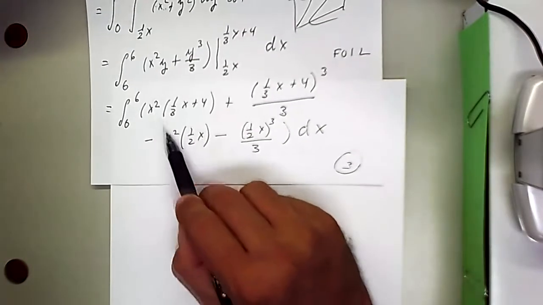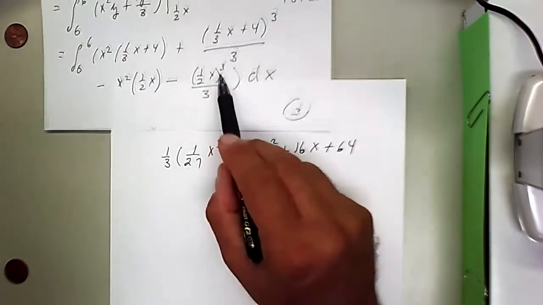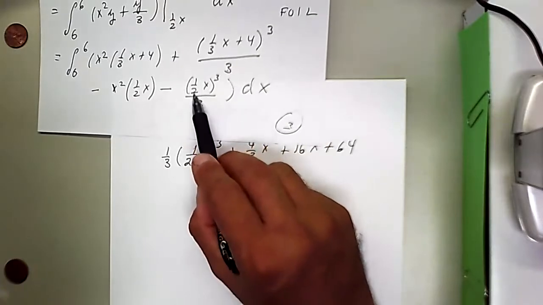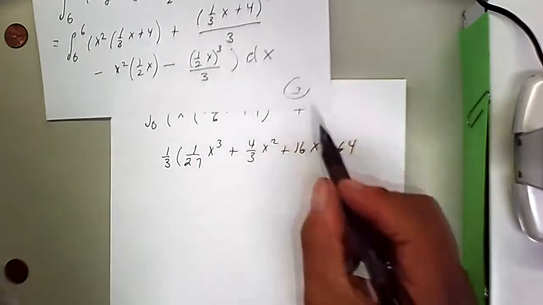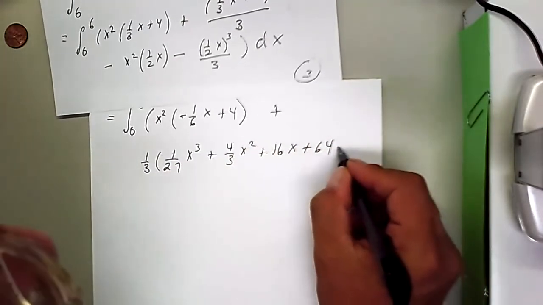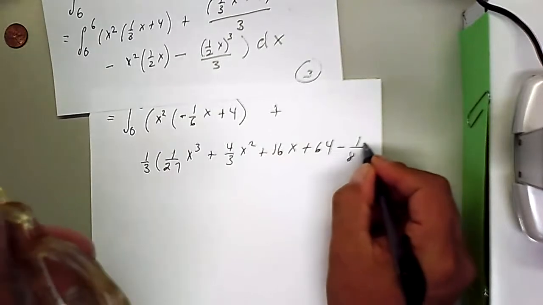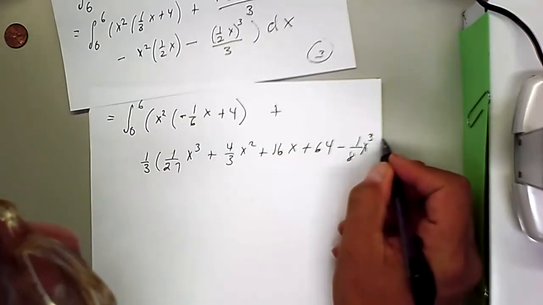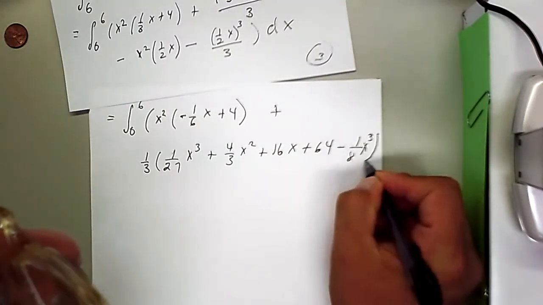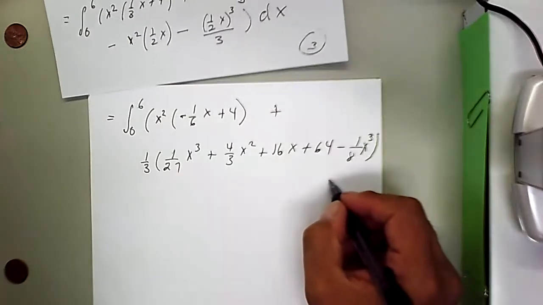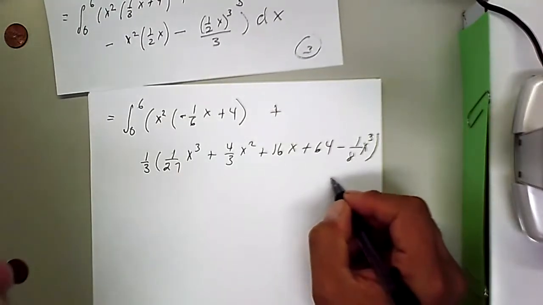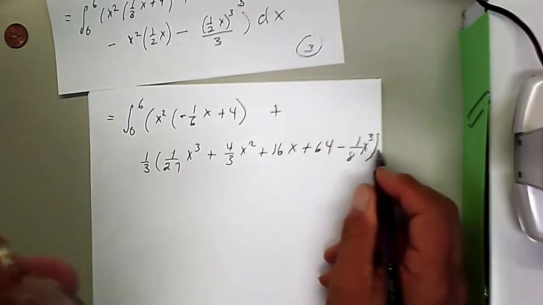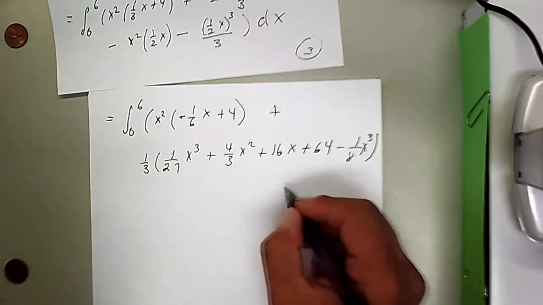Just like in this two, I factor out the x squared. So we have 1/8 x cubed. So minus 1/8 x cubed. Close the parenthesis. And then we still have dx. So we got to close another parenthesis. So I'm going to continue here.